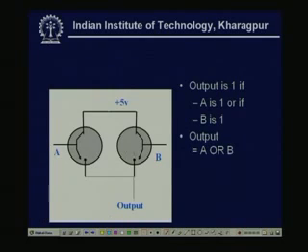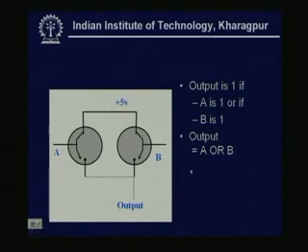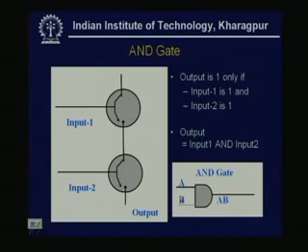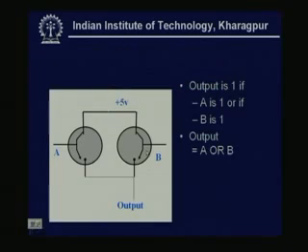See here the switches are connected in a slightly different way. In previous cases, we can tell these are in series connection, the two switches as if they are connected in this way. Now, here they are connected in parallel.